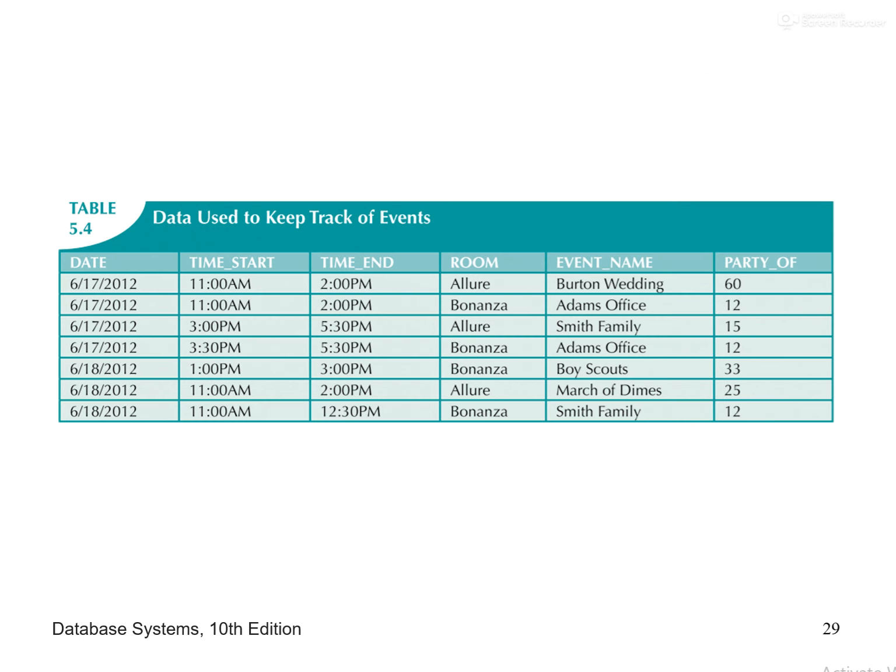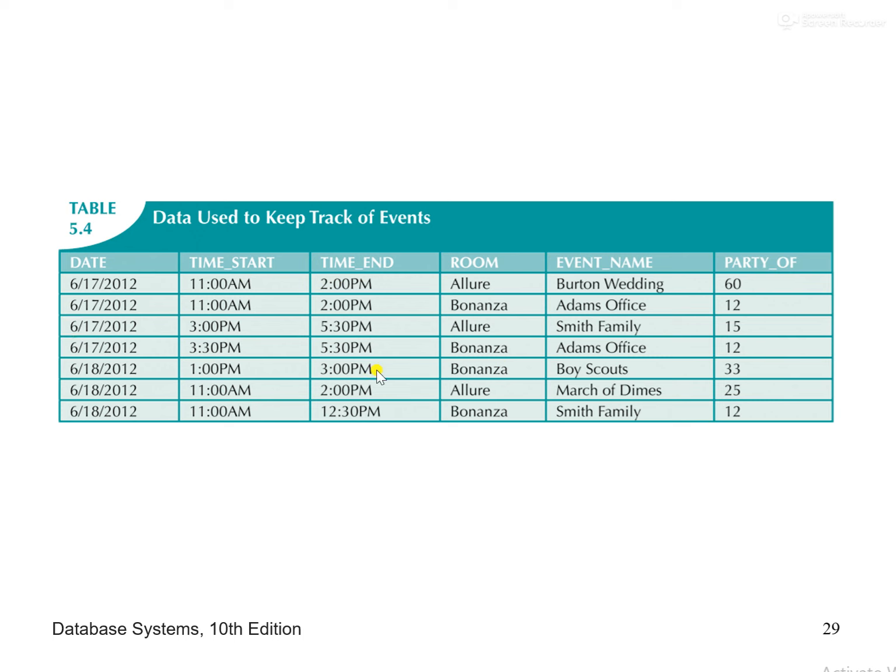Okay, for example, we have this table which is used to keep track of events. In this table we have different attributes: date, the time the event starts, the time the event ends, the room in which the event is going to occur, event name, and party size, let's suppose.